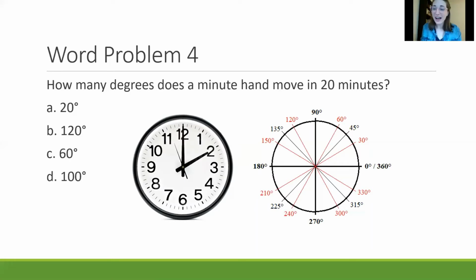So right away, I can rule out A and C, 20 degrees and 60 degrees, because they don't even meet the minimum of 90 degrees, which I could guess pretty quickly. So we could get it down to 2 answers very quickly. And if you were in a rush and trying to finish up some answers for a test because you were running out of time, then I would suggest using that technique as a way to at least limit yourself down to a few options and take the best guess from there.